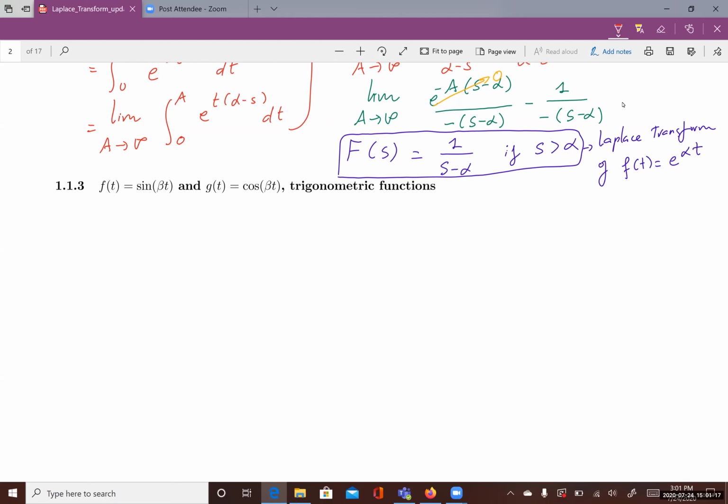If you have e to the negative st, and sine beta t, and cosine beta t. So a clever way to tackle this problem is we can use Euler's formula. Okay, so what is Euler's formula? Remind us.